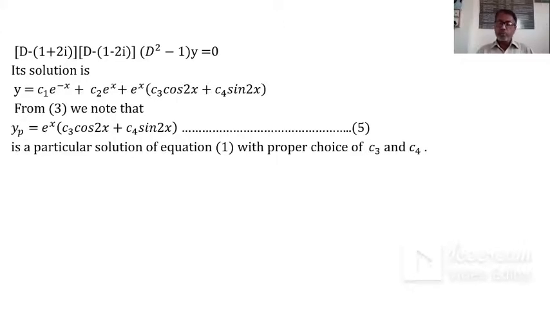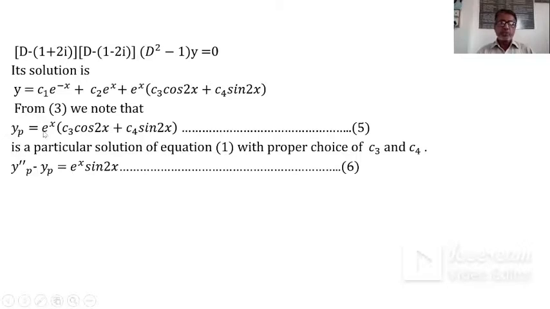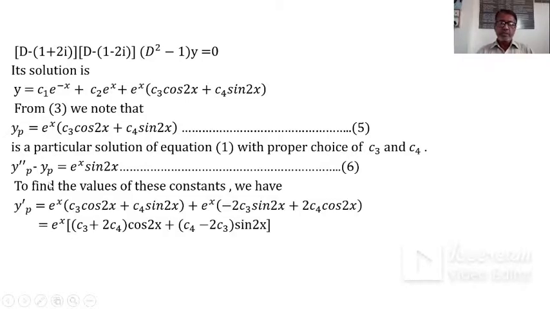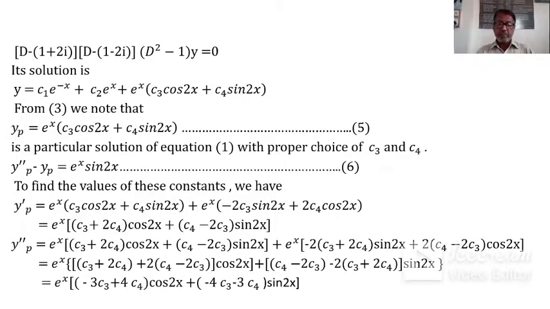We get yp double dash minus yp is equal to e to the power x sine 2x. Now from this we find yp dash and yp double dash, and substitute them here.